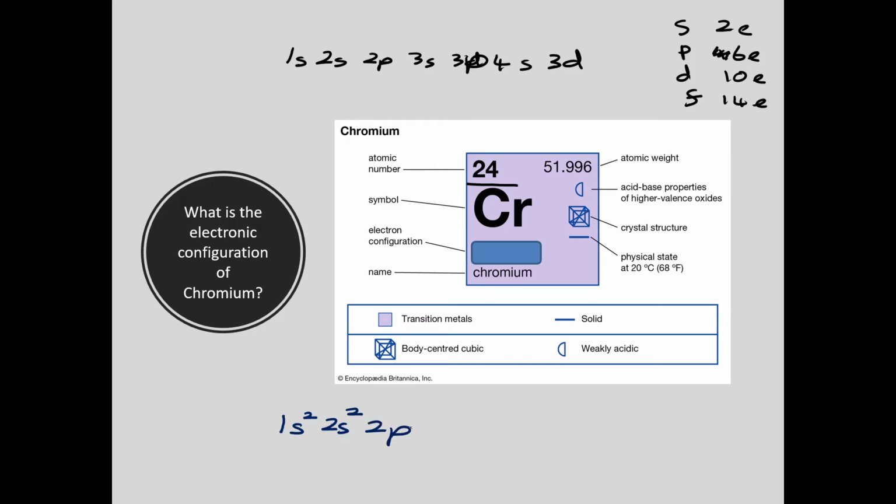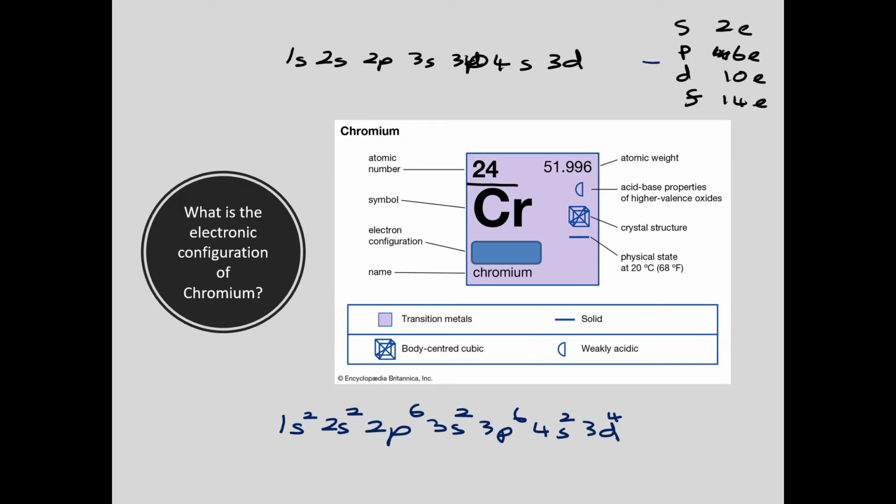For 2p, the maximum is 6 electrons, so we fill 6. Now the total is 6 plus 2 plus 2, which is 10 electrons. We still have 14 electrons to fill. So we fill 3s with 2, 3p with 6, 4s with 2, and then that makes 10 here. We have 10 here, and for 3d we fill the remaining, which is 4. Is that enough? 2 plus 2 plus 6 plus 2 plus 6 plus 2 plus 4, which is 24.